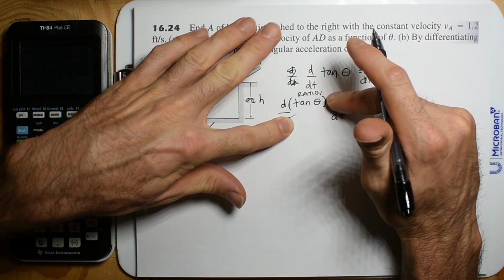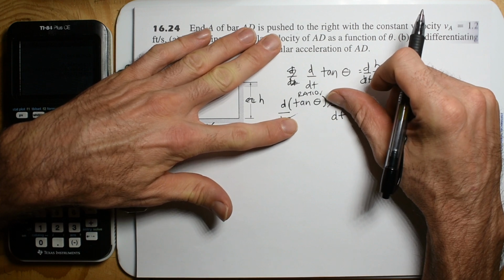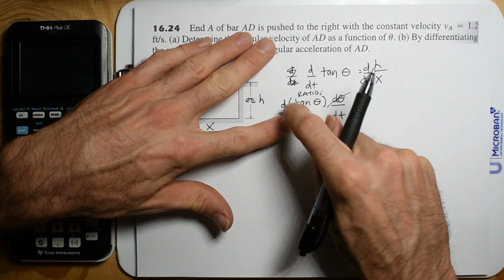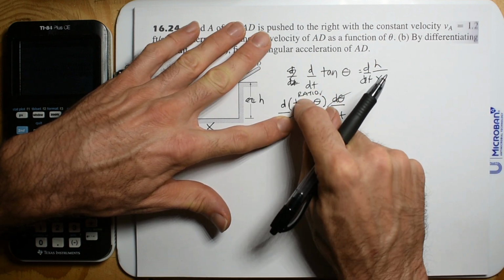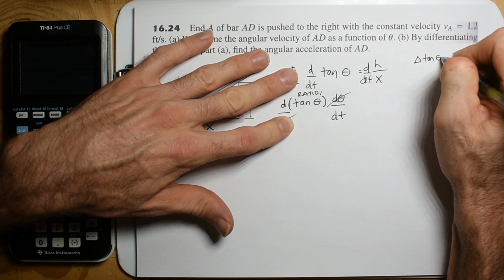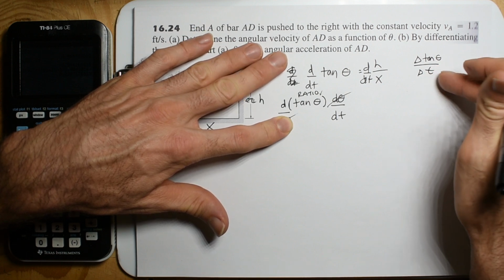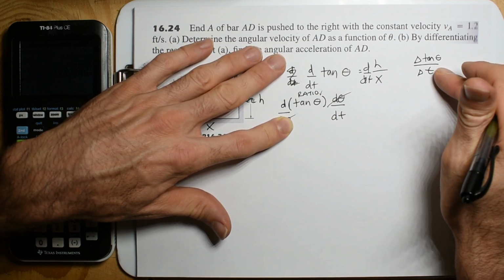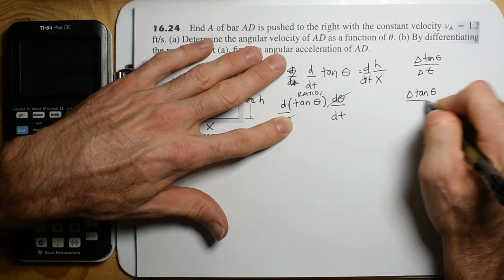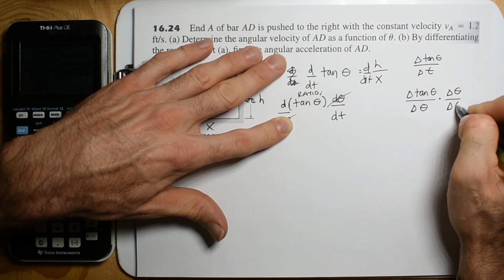And so I think the hardest thing learning differentiation was that these letters actually mean stuff. You know what I mean? It is like this d does mean you're changing this. That's why you can say, hey, a change in tangent of the angle divided by a change in time. Sometimes this just looks more familiar. And so obviously then the change in the tangent of the angle divided by a change in the angle times the change in the angle divided by the change in time.